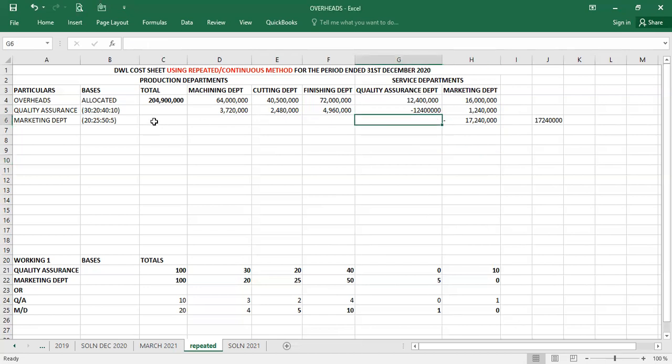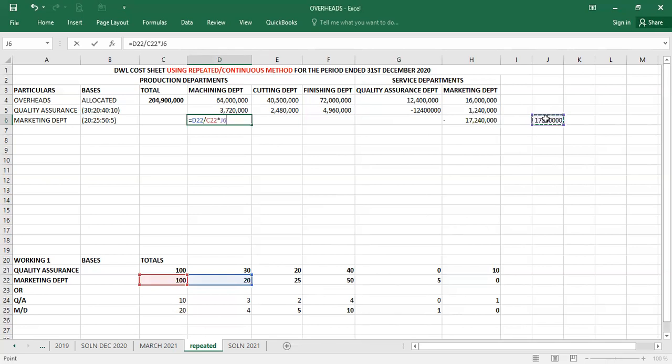So when we distribute, it will be equal sign this. Now we are distributing the marketing department. It will be this, divide by this, then multiply it by this. But this is a negative, so we are multiplying by this.